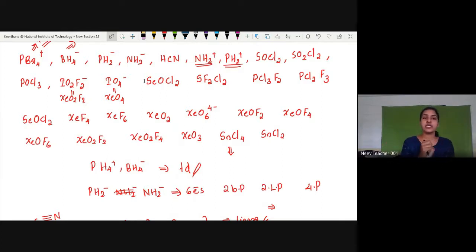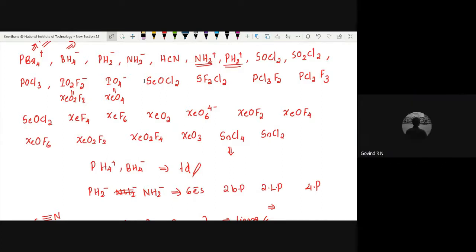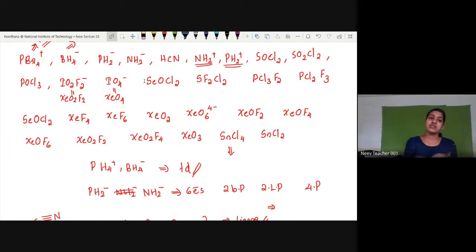And what about POCl3? The shape is tetrahedral and so is the geometry. Yeah, the same. 5 electrons are there: 3 sigma bonds with 3 chlorine atoms using 3 electrons, and 1 double bond with 1 oxygen, which means 1 sigma and 1 pi, using 2 electrons.